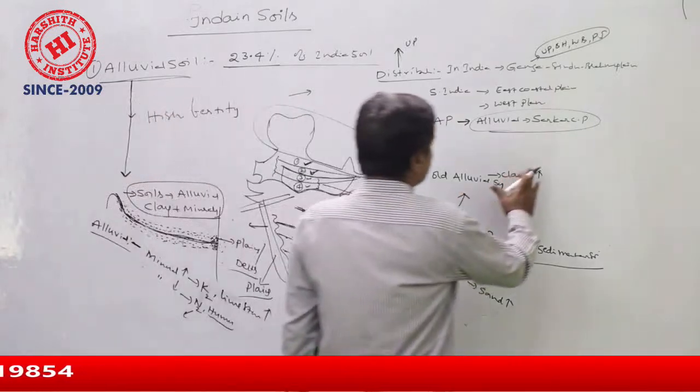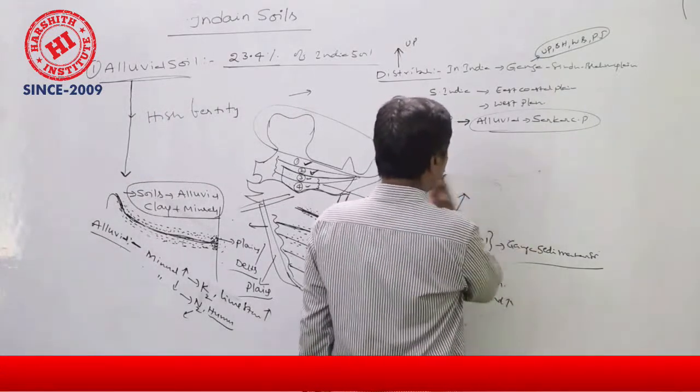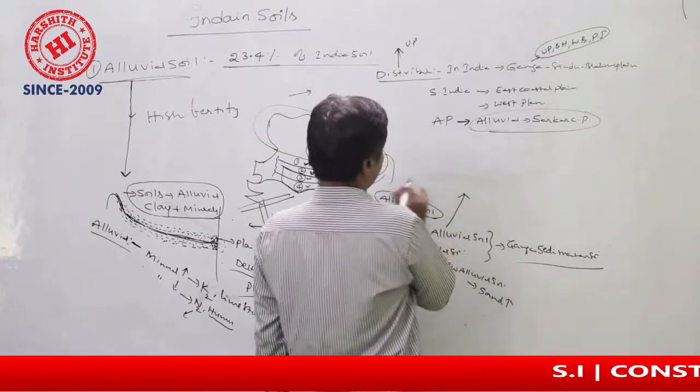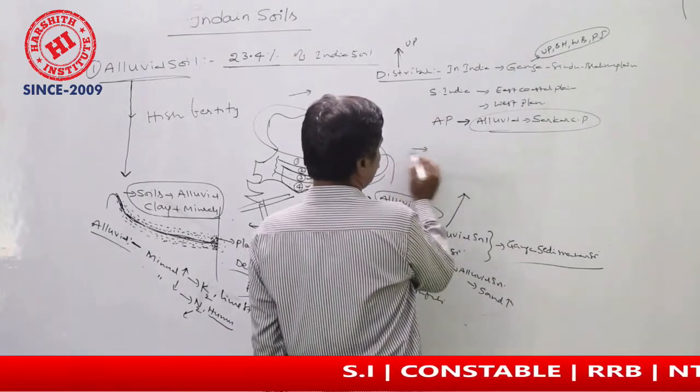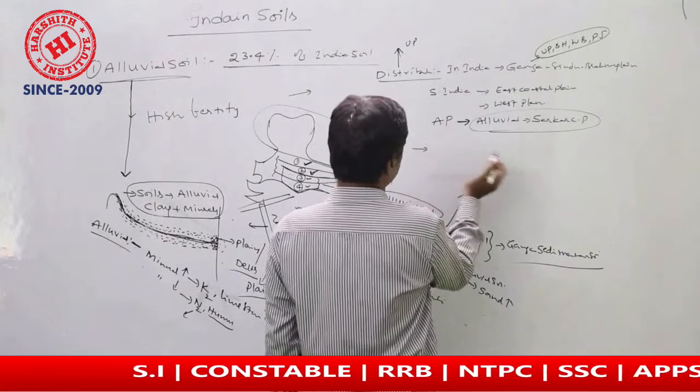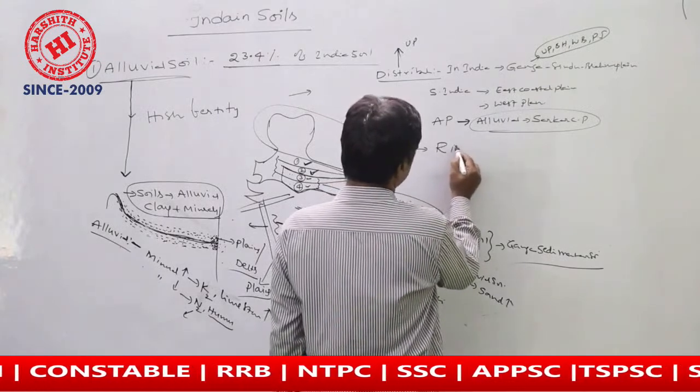Alluvial soil is very suitable for which type of crops? The main one is rice.